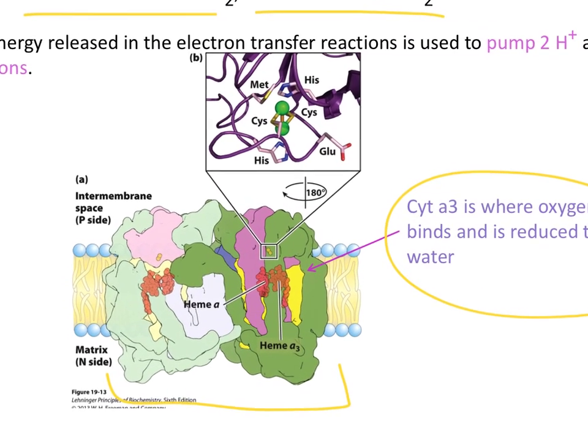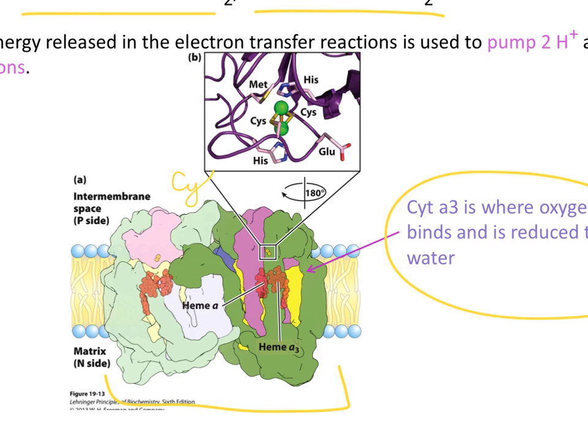So cytochrome C comes along, passes electrons. They're highlighting this because there is, what do you call this? A copper center right here. And then the electrons are passed to A, and then they're passed to A3.